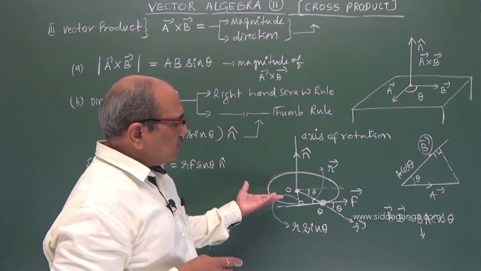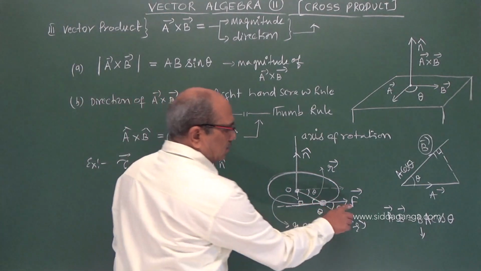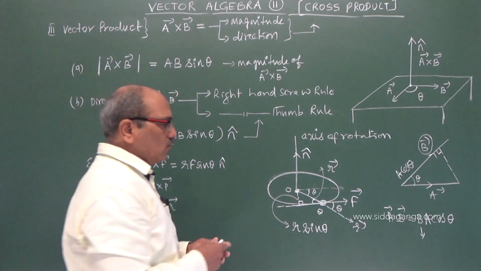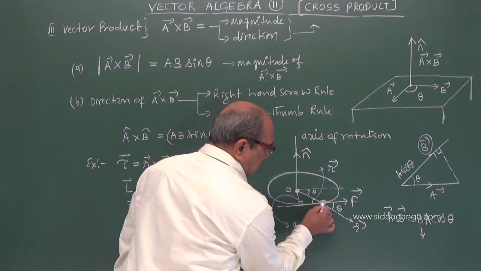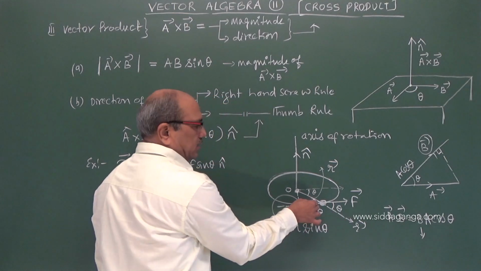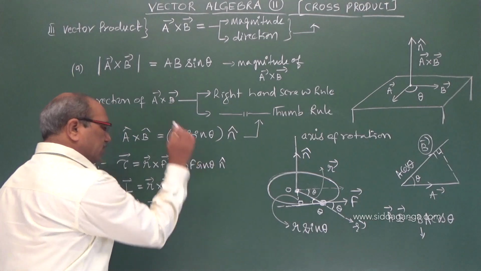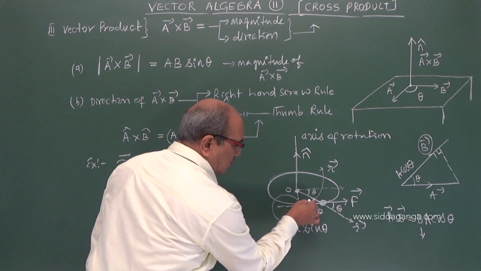You can take similarly r cross p. The only change is that where there was F, you write p. I think you have followed. This is one of the vectors and this vector is r. I extended this, the opposite angle is theta. I take one vector as F or it may be p, and this theta is opposite.